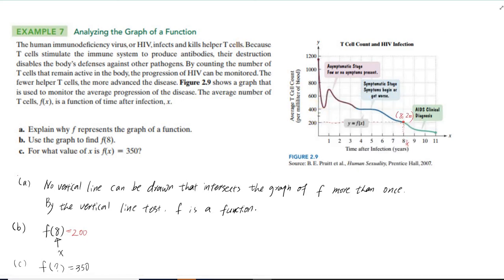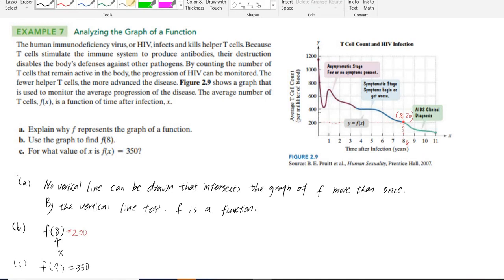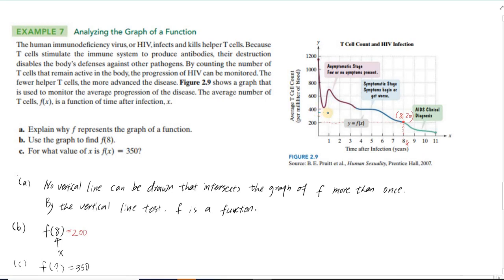Let me change to a different color. So here we have this value. Okay, assume this is a perfect horizontal line. So which means I meet my graph right here, the intersection. Then I'm going to look at what is my x value. So then I find my 6 right there.